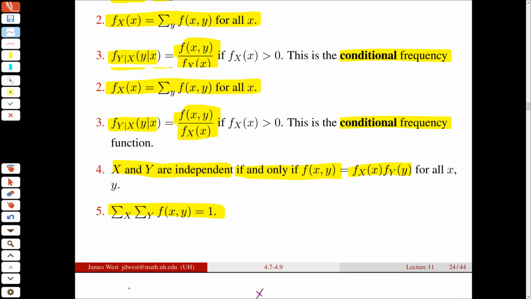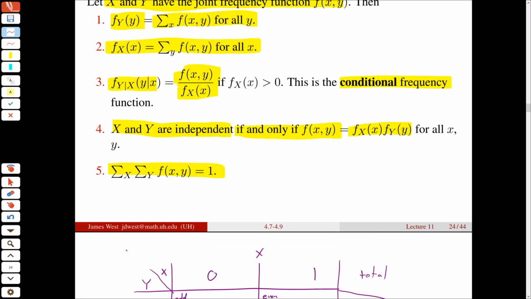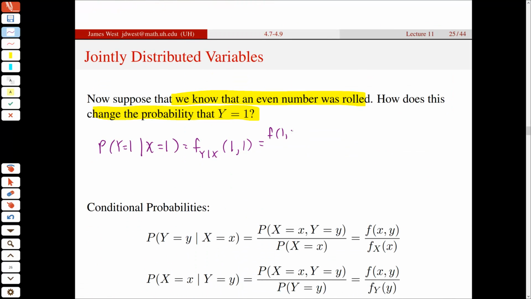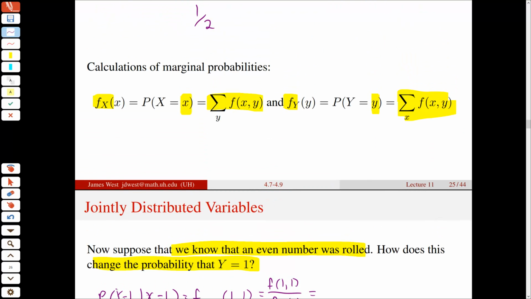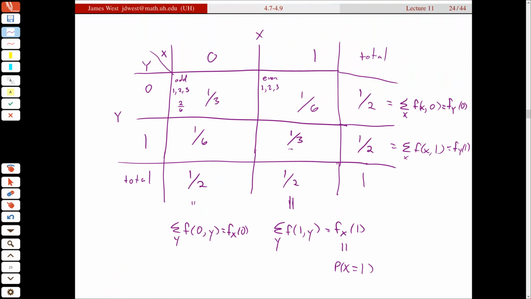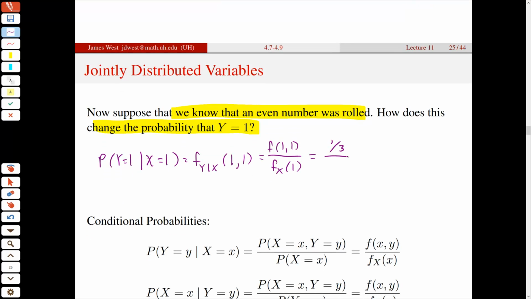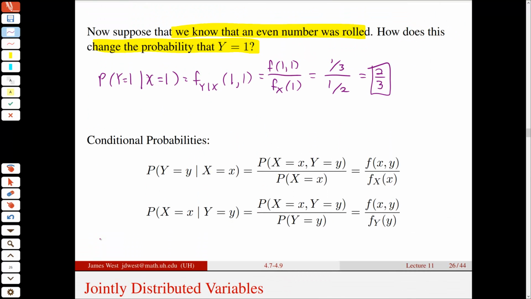Now by our formula from the theorem, this would be f of 1, 1 divided by fx of 1. Looking at our table, f of 1, 1 is 1/3. And we found that fx of 1 was 1/2, giving us a probability of 2/3. And so again, we have a restatement of our conditional probability formulas.